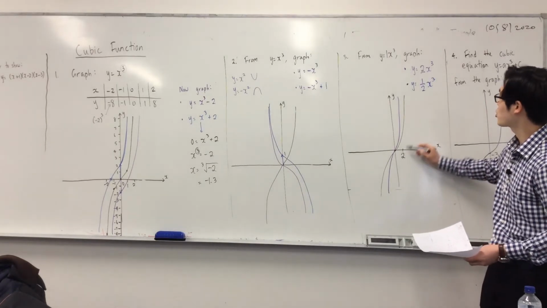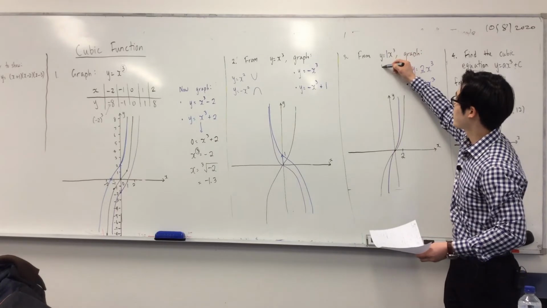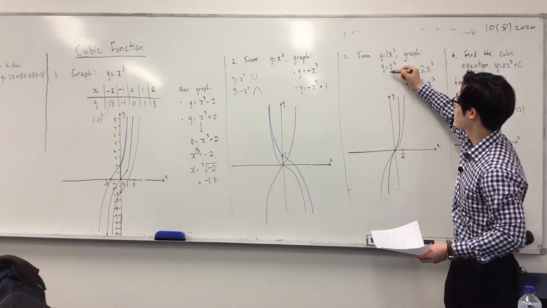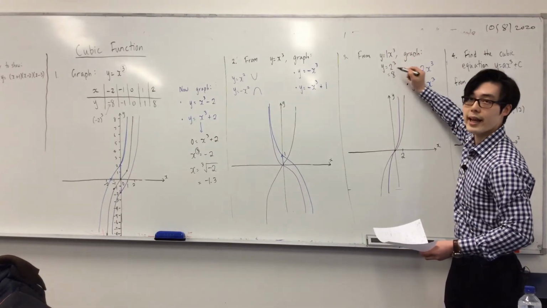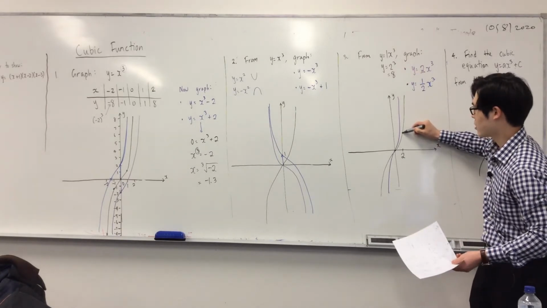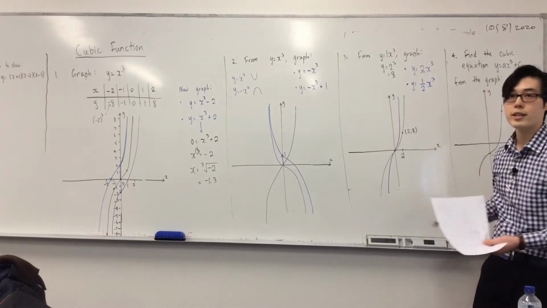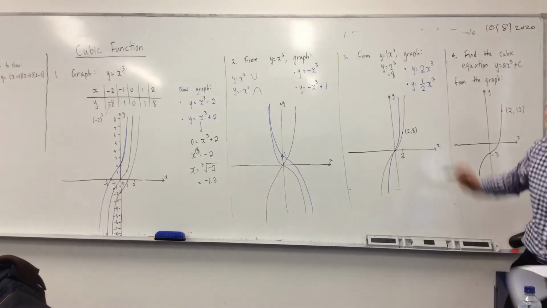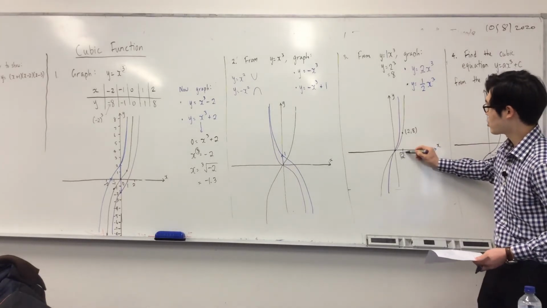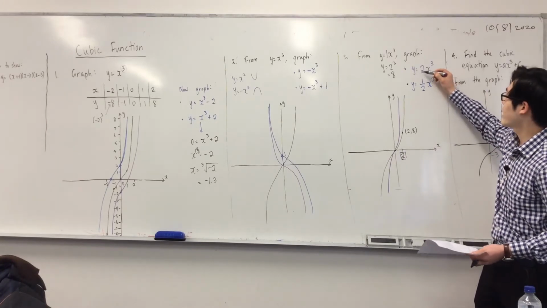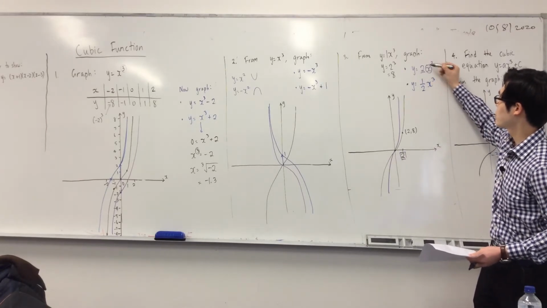So if I substitute 2 into the original, what is it? What's that? 8, yeah? So it's not to scale, but obviously, girls. So for a normal cubic graph, the coordinate you can show is 2, 8. But for this one, you still pick 2, but let's see what y looks like if I substitute 2 in here.